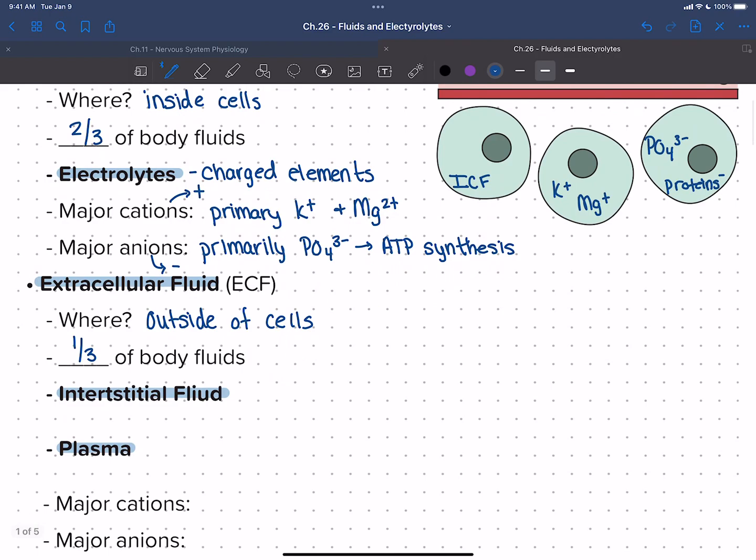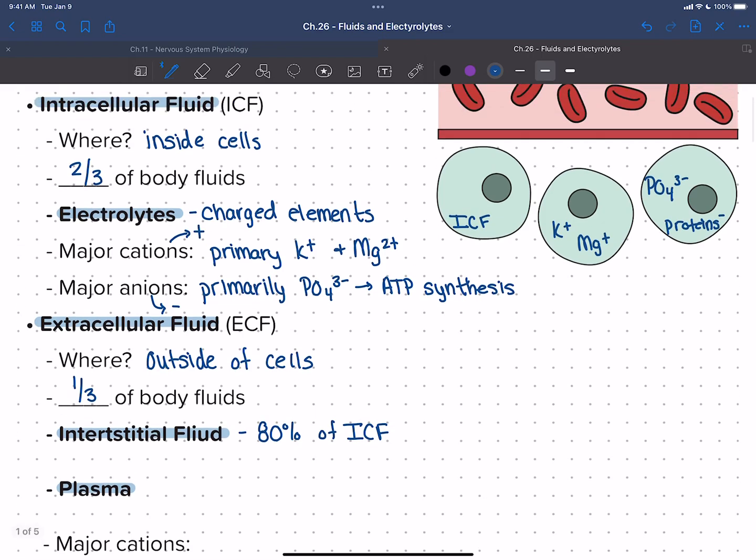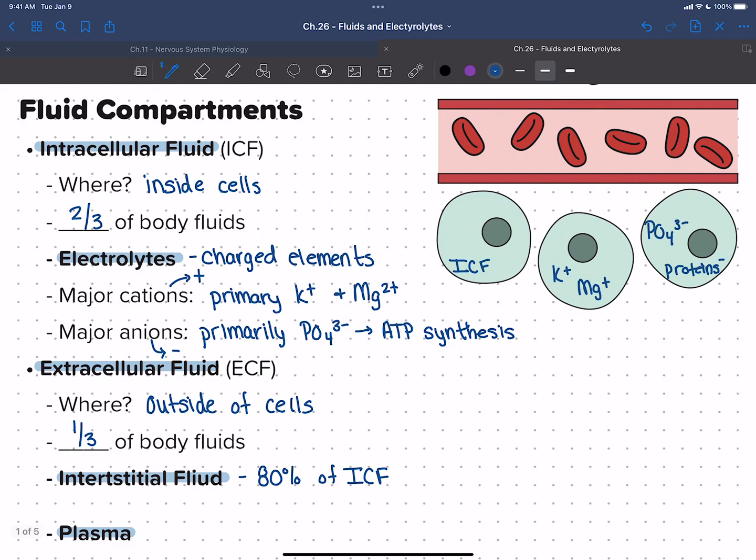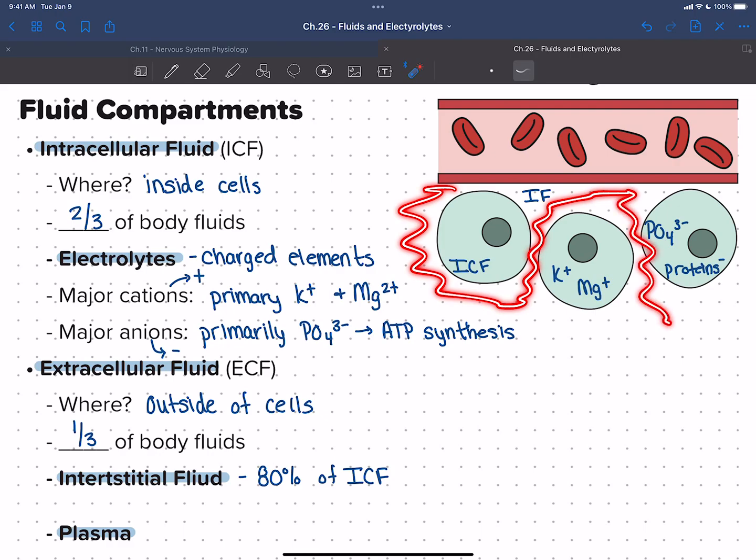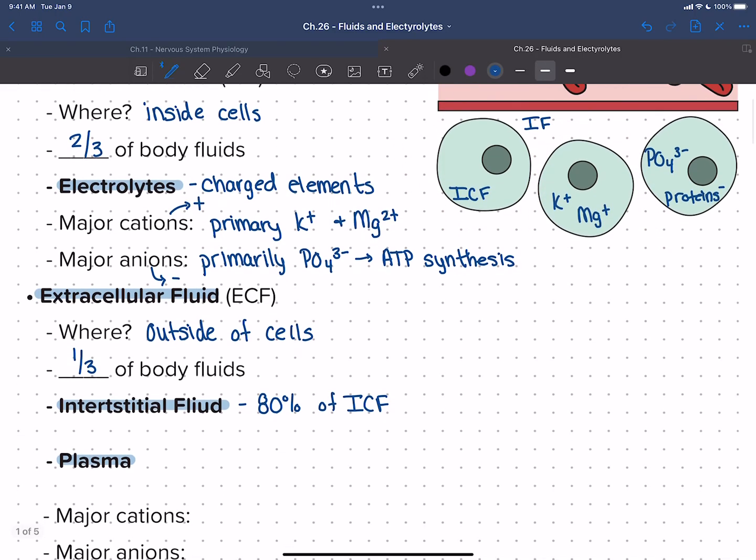So interstitial fluid is about 80% of the extracellular fluid. Interstitial fluid is the fluid found within the tissues and between the tissue cells, right? So on our picture up here, around all of these greenish cells would be that interstitial fluid. It would be filling all these spaces around here. All right, so this is in the tissues.